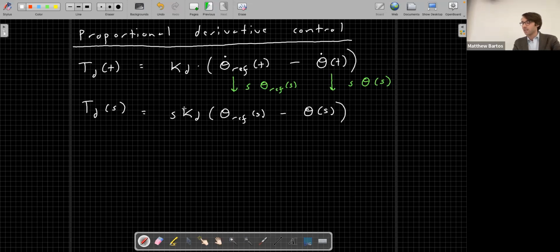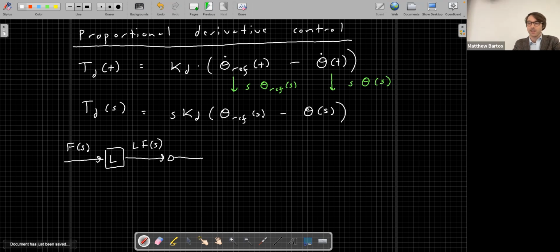Let's draw the block diagram again. We have our input disturbance force F of s being multiplied by the length of the pendulum. That gives us our input moment disturbance L times F of s. That gets fed into our transfer function, which I'm just going to write as H of s. That produces some output theta of s.